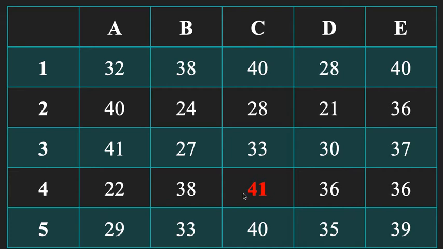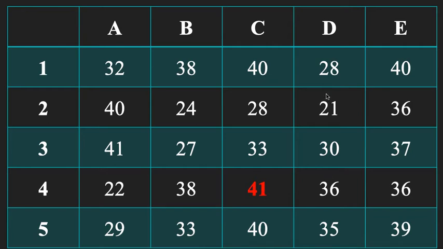Now we have selected the highest element of this profit matrix. After that, we are going to deduct all these elements from this highest element, right? That means 41 minus 32 will be 9, then 41 minus 38, it will be 3. Then 41 minus 40, it will be 1.